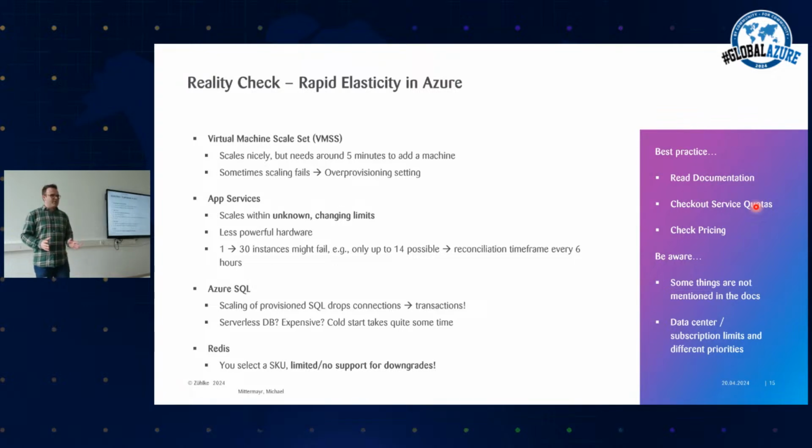It takes a bunch of minutes, like 5 minutes, for a machine to pop up once the scaling decision is made. Sometimes it fails, and there are features to cope with that potential failure during scaling, such as over-provisioning, which is again something you need to be aware of for your application.